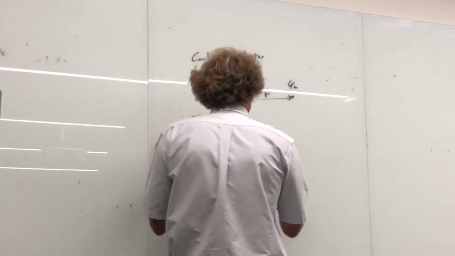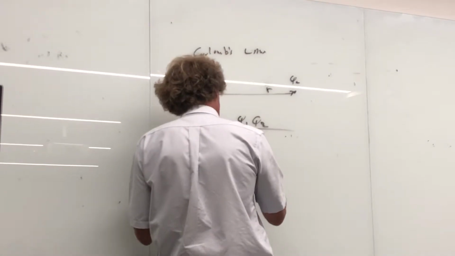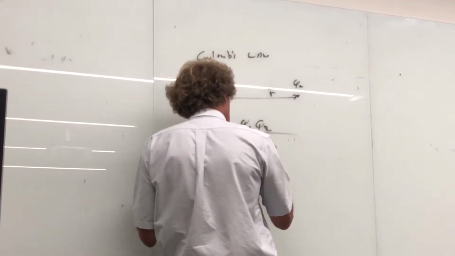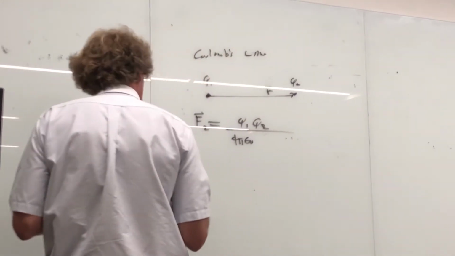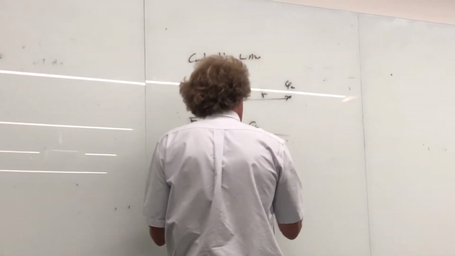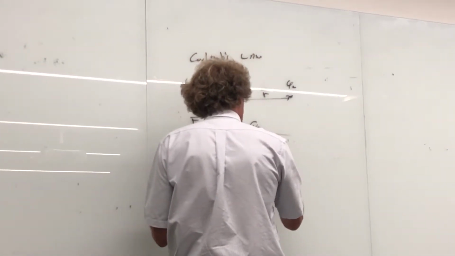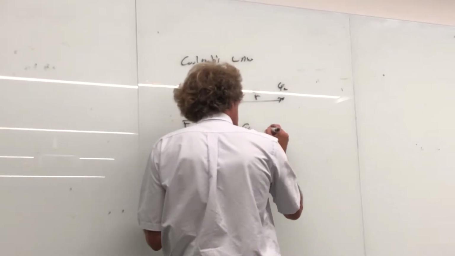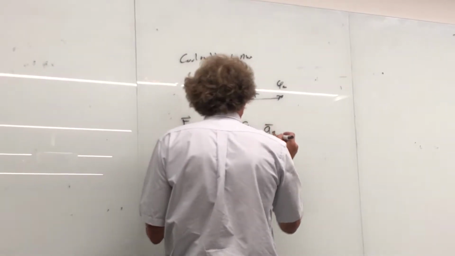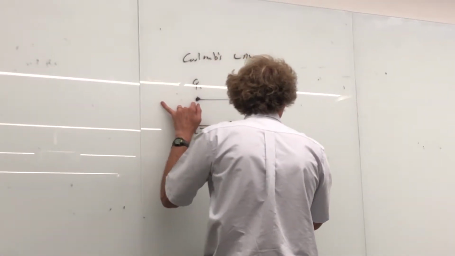So Q1 Q2, then you have 4 pi epsilon naught times the magnitude of the vector R squared, times a unit vector aR, and it's in the direction from 1 to 2.